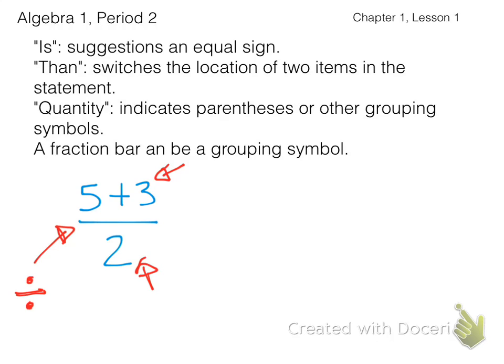So 5 plus 3 is 8. The 2 is still down there because that's simplified, but now that I have one number on top and one number on the bottom, I can go ahead and do the division. 8 divided by 2 is 4. So that's your fraction bar grouping symbol.